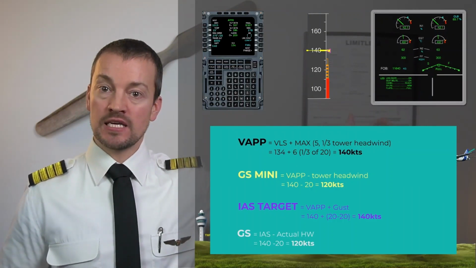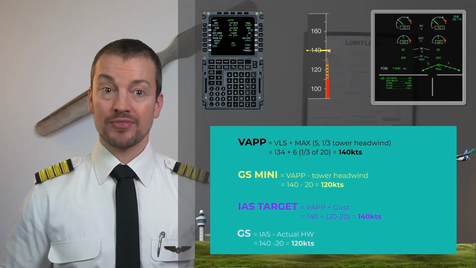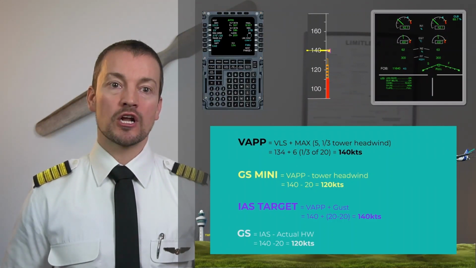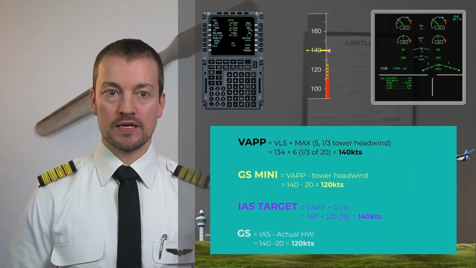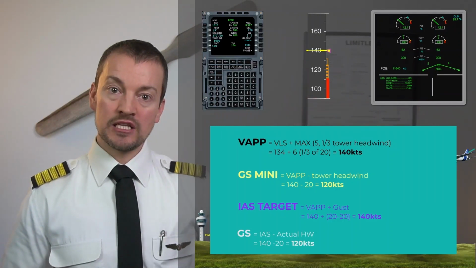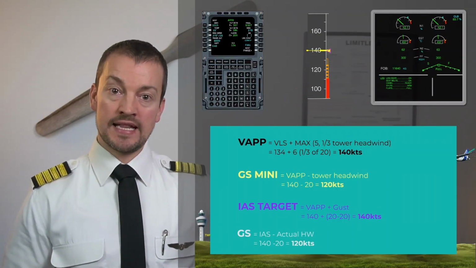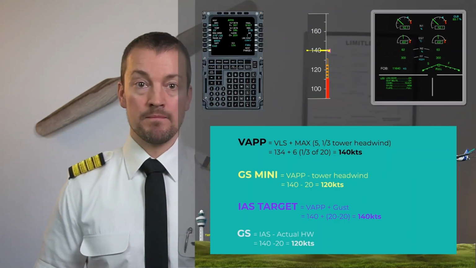The actual headwind I said was 20 knots. Subtract that from 140. The aircraft is right now flying a ground speed of 120 by maintaining 140 on the indicated speed. As long as the aircraft is flying that indicated speed, its ground speed is 120 knots, and that was the minimum calculated by the system as ground speed mini.